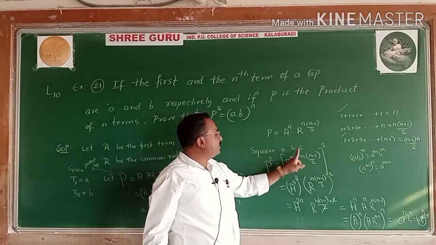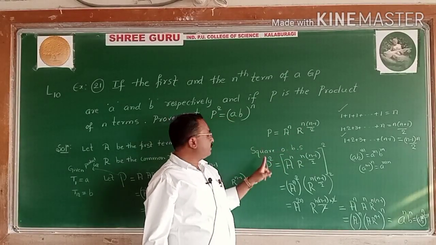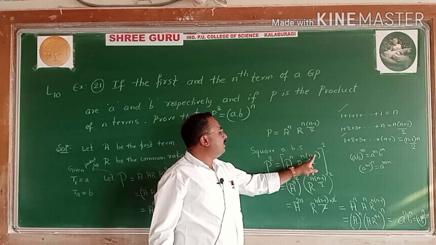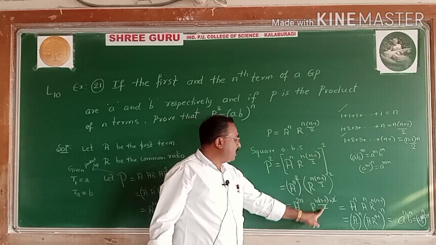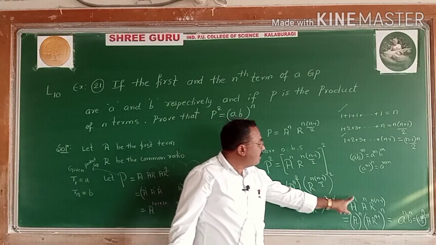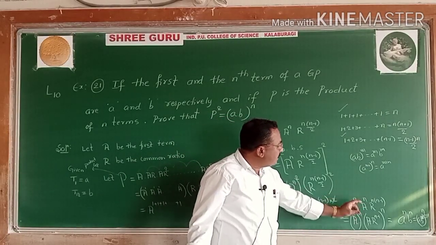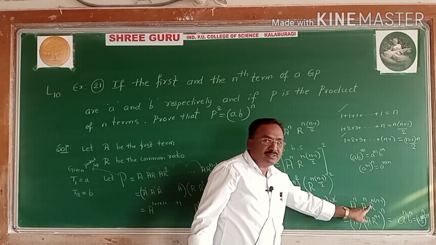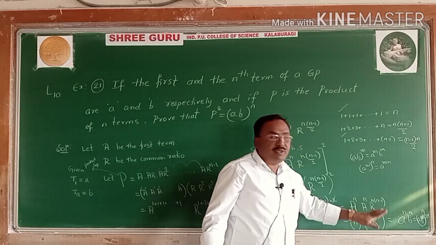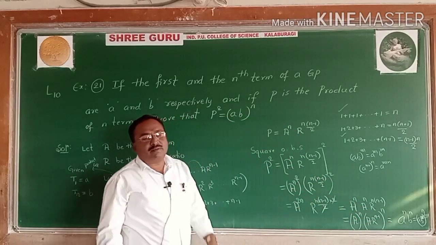Squaring both sides gives a power 2n, and 2 times n into n minus 1 by 2, the 2 cancels. Splitting 2n as n plus n, with a combined with r as the last term, taking power n outside, this is a power n, and this is b power n. Here a power n, b power n.